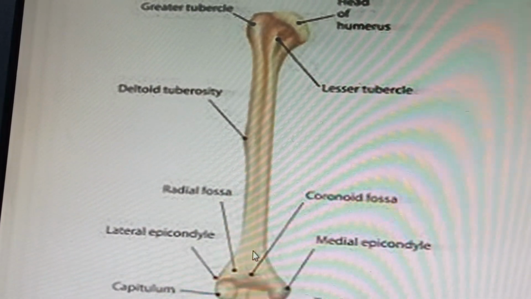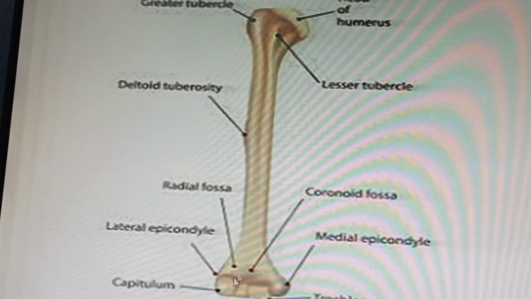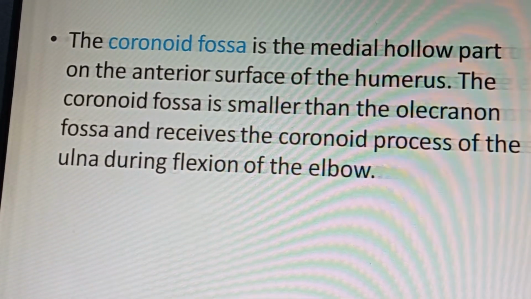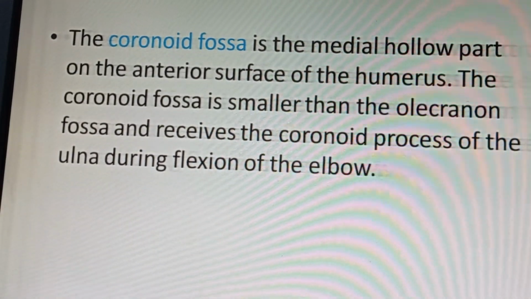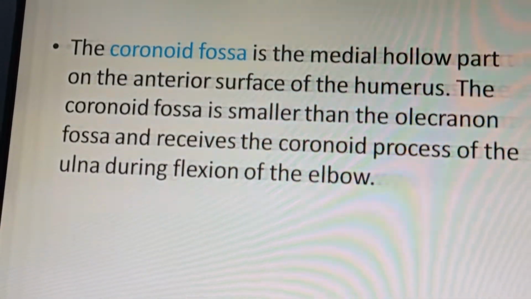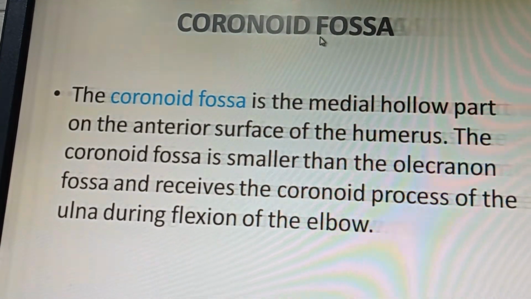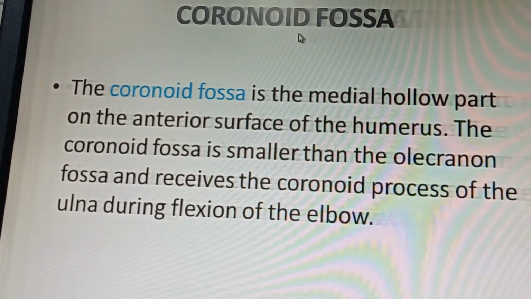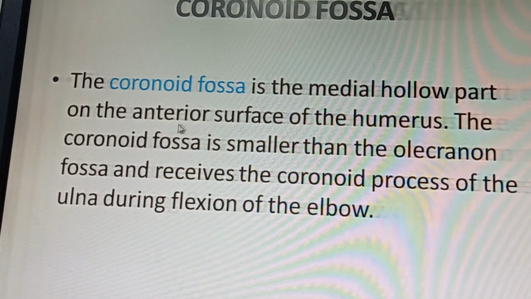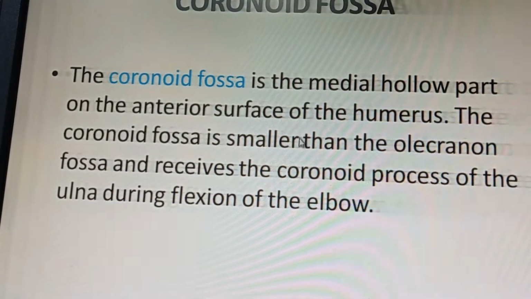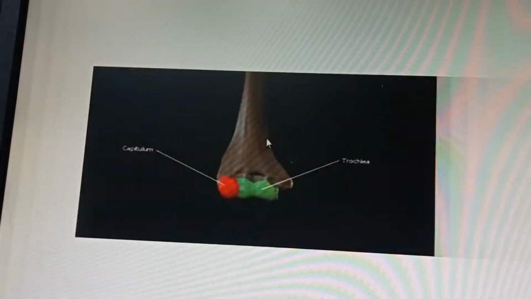Now there are three fossae. A fossa means a depression or cavity in a bone. So there are three fossae present in the humerus at the distal end. First is the coronoid fossa. It is present on the anterior surface of the humerus, because one view is front and one view is back.